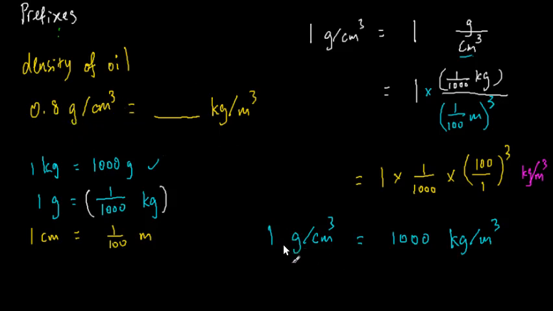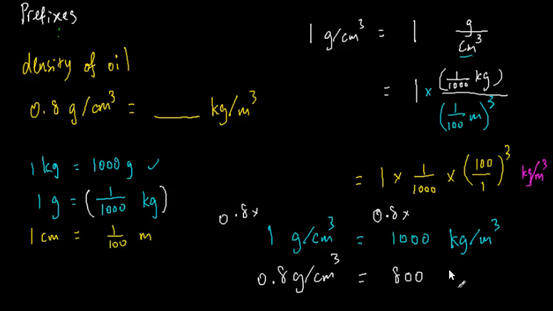So if I know 1 gram per cm cubed is 1000 kg per meter cubed, then 0.8 just means that if I multiply both sides of this by 0.8 gram per cm cubed, I need to multiply this by 0.8 as well. 0.8 times 1000 is equal to 800. So therefore the answer is 800 kilogram per meter cubed. So that's how we arrive at this.